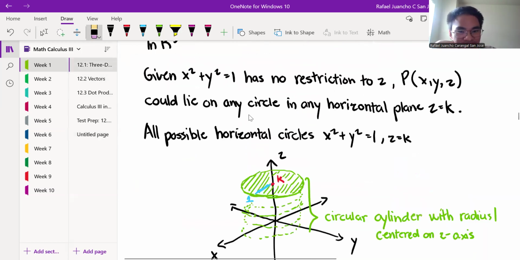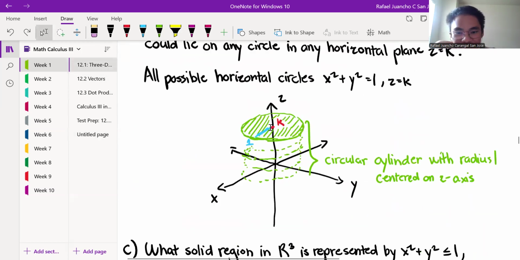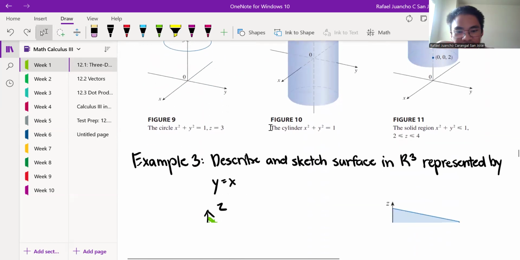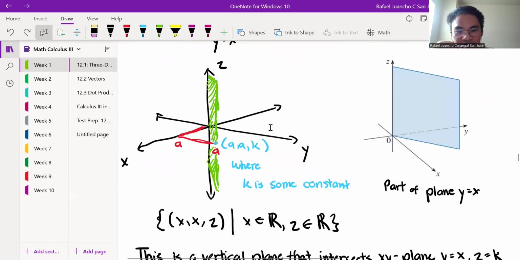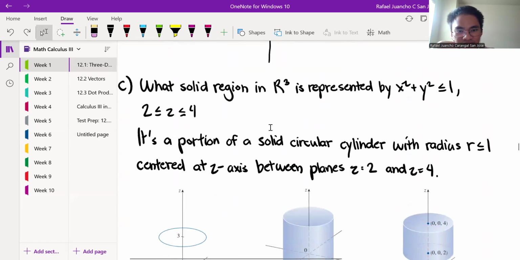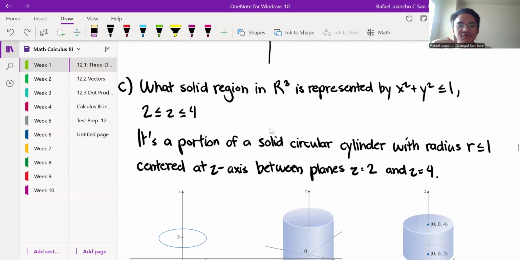Now, where was I? I digressed. So x squared plus y squared less than or equal to 1 is everything within and inside the unit circle in this case.